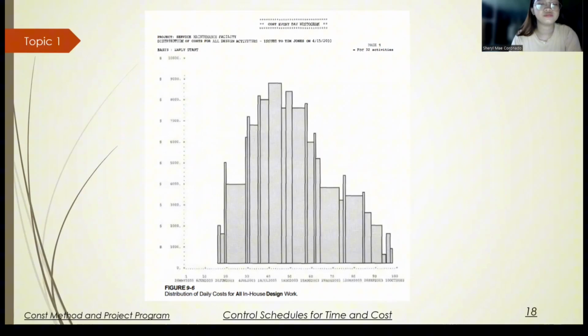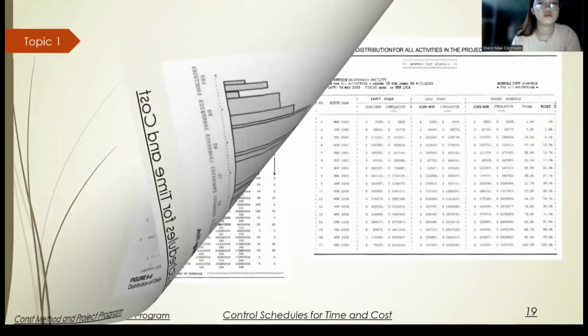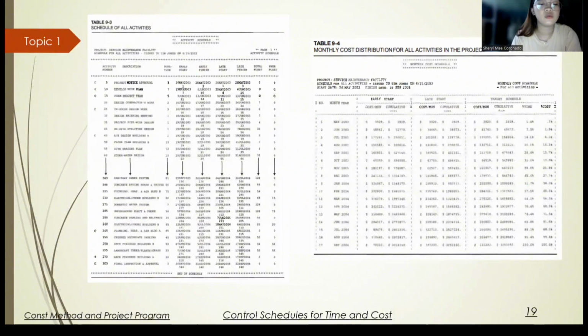So, this table 9-3 is a partial listing of the project control schedule for all activities in the project. Only the first and last portion of the total schedule is shown to illustrate the type of information that can be obtained of all the 60 activities in the total project.